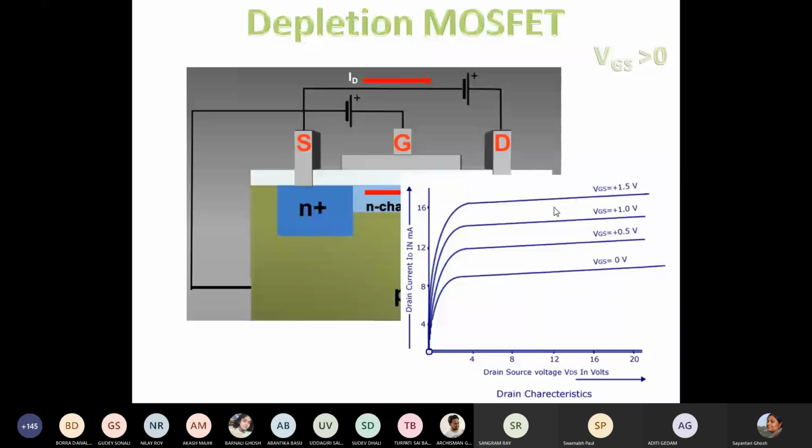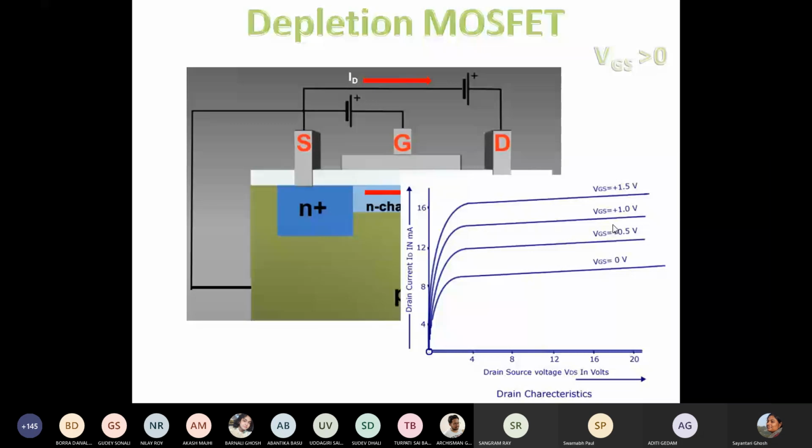That is the most interesting part, the striking difference from JFETs. In case of JFETs, VGS equal to 0 was the maximum current that we could have. But now you can have higher values of current as well because the system is operating as if in an enhancement mode. So the operation of this system is entirely similar to what we saw in case of enhancement type MOSFETs.